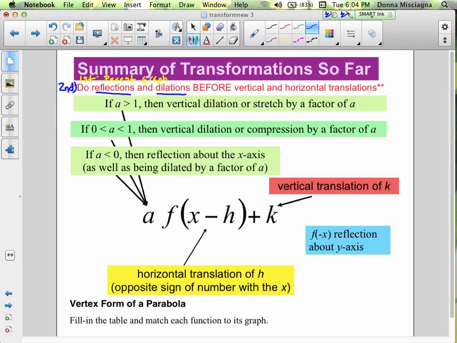And a little reminder, if A is greater than 1, then we have a vertical dilation or stretch by a factor of A. Right?